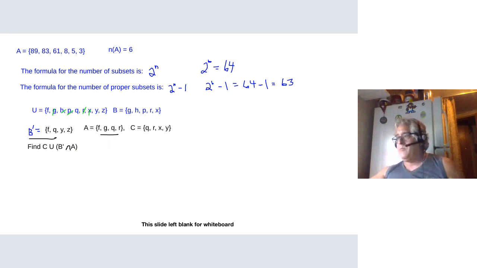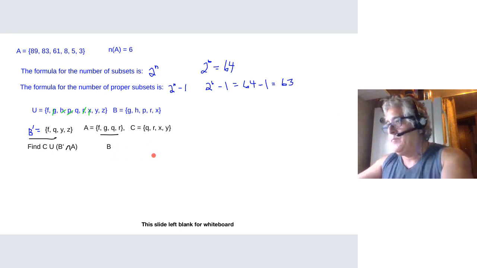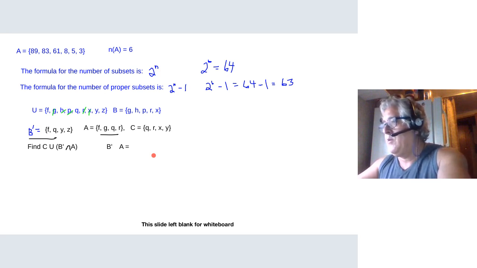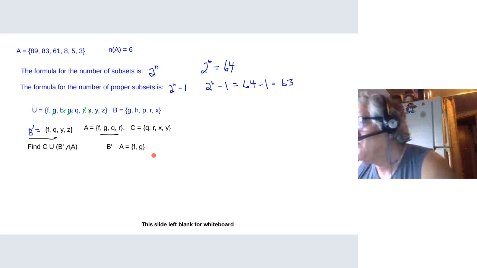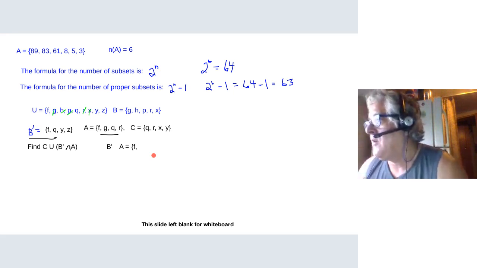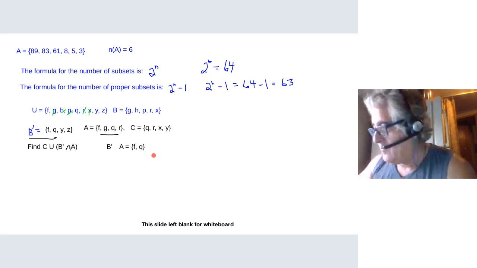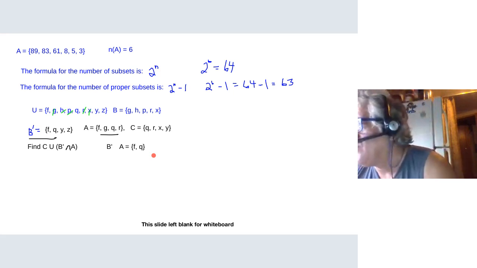So the only ones that are the same are F and G. No, that's not G. I'm sorry, Q. Am I right on the common ones between B complement and A?